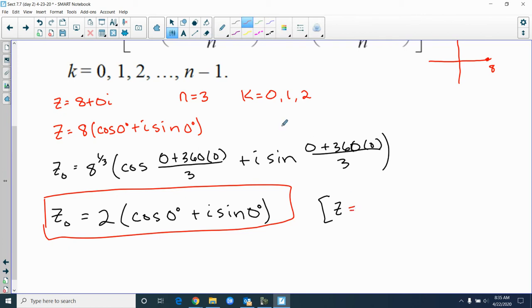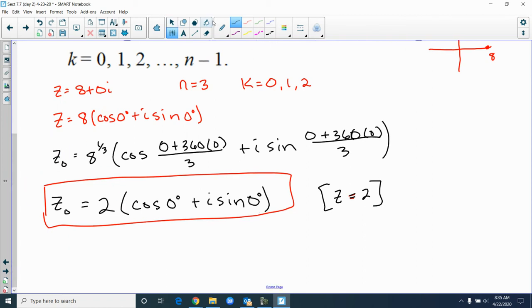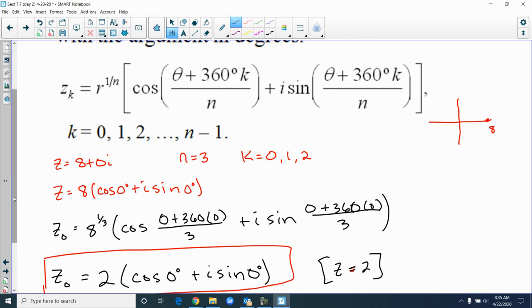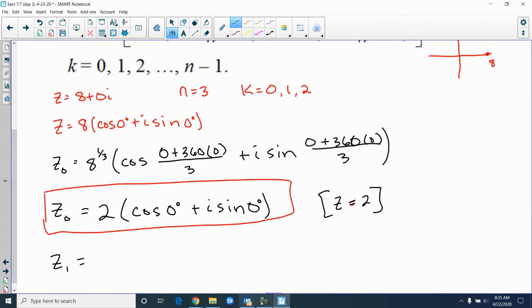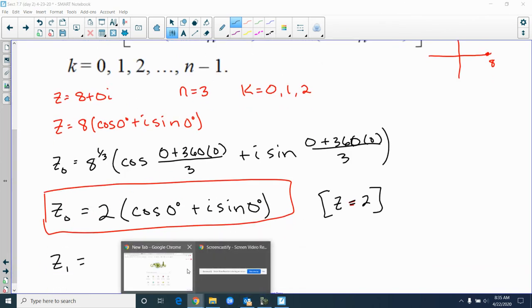But in the complex numbers, we're also going to get 2 additional ones. All right, I'm going to pause this here, and I want you to finish it. I want you to find z sub 1, go through, use your formula, and then find z sub 2. Like I said, I'm going to pause it for a second.